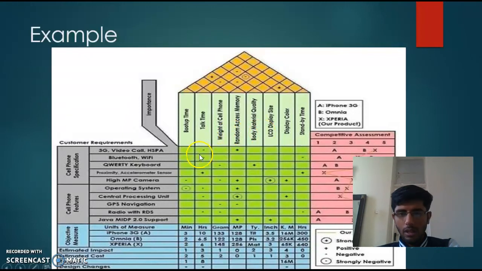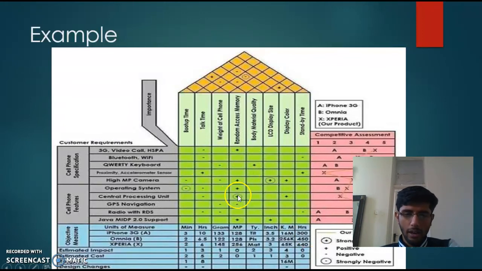Now, if you see the dots, these dots, plus and minus, show the relationship between these characteristics. So circle is strongly positive, then positive, negative, strongly negative. If it is strongly positive, that means the relationship is good. But if the relationship is negative, then it means they need improvement.